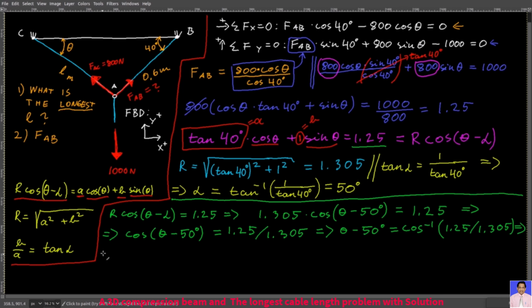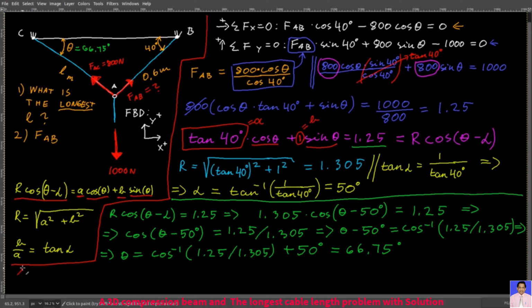That means that theta equals inverse cosine of this ratio plus 50 degrees. And that will give you 66.75 degrees. And now if this theta is 66.75 degrees, then you can use the sine law to calculate your length.